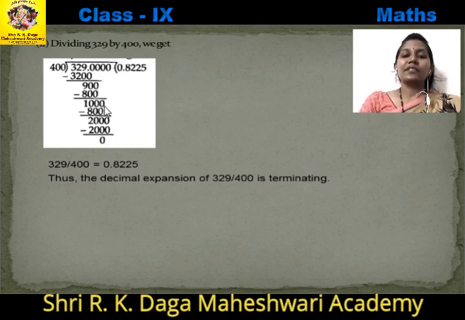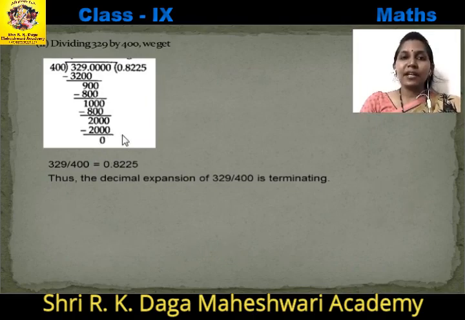After writing this 0, we have 1000. Now again divide this. 400 2s are 800. So the remainder is 200. And because of the decimal, we will write again a 0. Now 400 5s are 2000 and the remainder is 0.